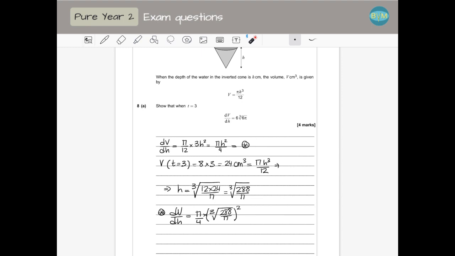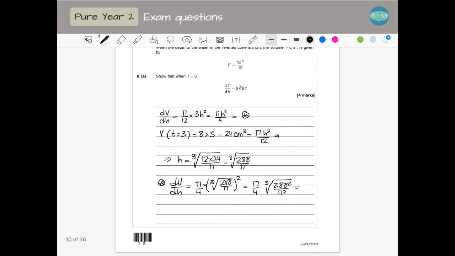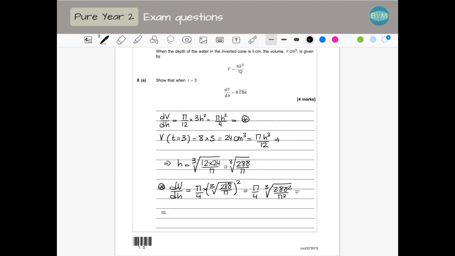We can write, for example, pi quarters, and then the cube root of, if I have this value squared, the square can go inside. So 288 squared divided by pi squared. I have pi only inside my expression, so this pi goes inside as pi cubed and cancels with this square.